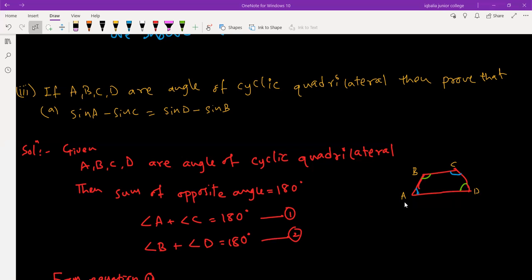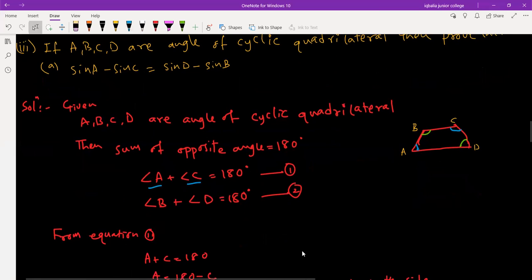If I'm supposing the angles of the quadrilateral are A, B, C, D, and they are angles of a cyclic quadrilateral, then the sum of opposite angles is 180 degrees. Opposite angles could be A and C, and B and D. So angle A and angle C will be equal to 180, and angle B and angle D will be equal to 180, because the sum of opposite angles is nothing but 180 degrees. So here I gave equation number 1 and equation number 2.